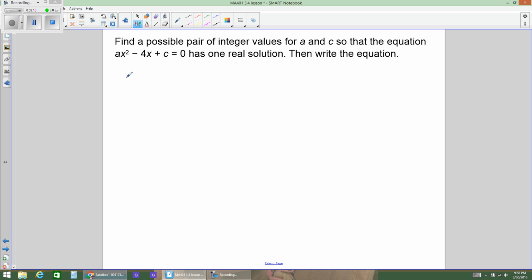Okay, well we know that b squared minus 4ac has to equal 0 in order to have one real solution. And for us, they've given us our b value as negative 4, and they have not given us our ac. But I do know it is supposed to equal 0.